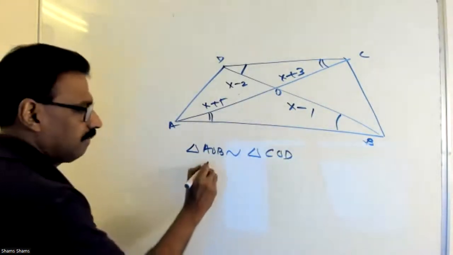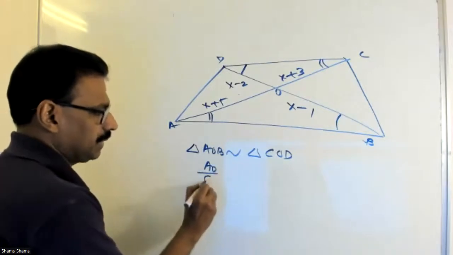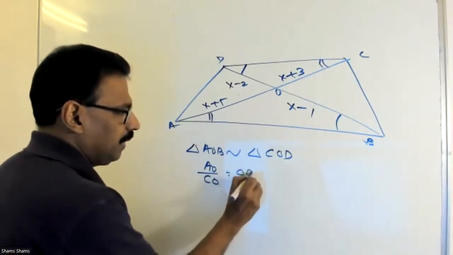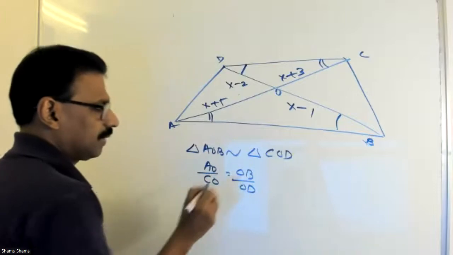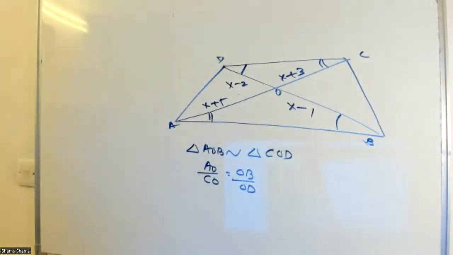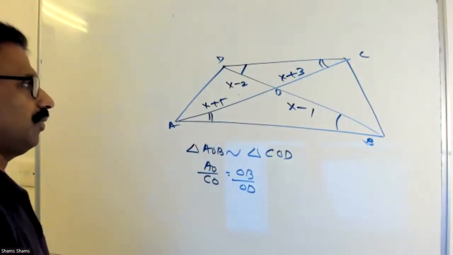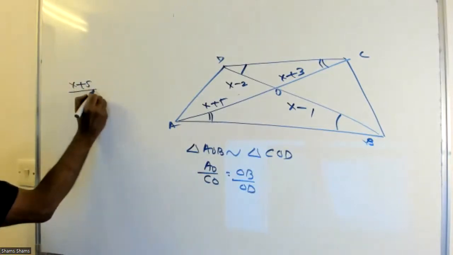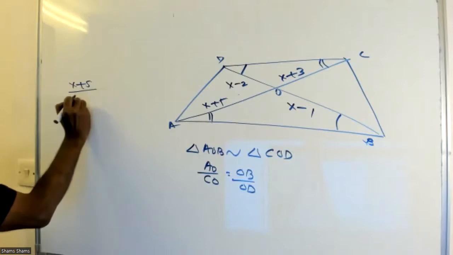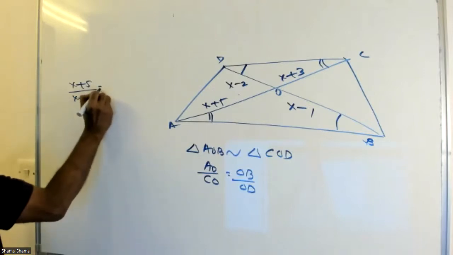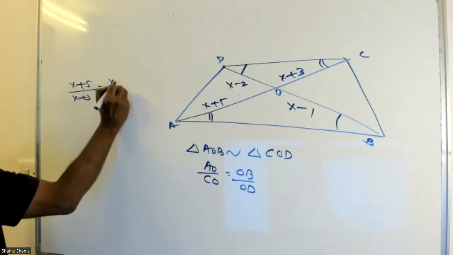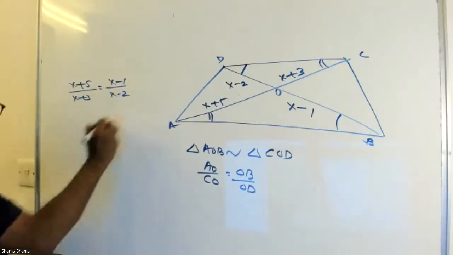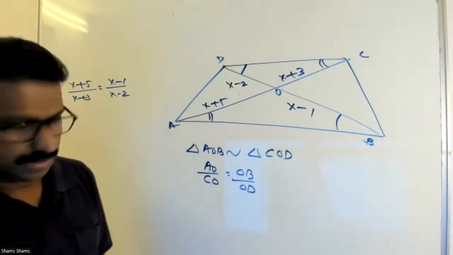Then AO divided by CO equal to OB divided by OD. AO is x plus 5, CO is x plus 3, OB is x minus 1, OD is x minus 2. Okay.